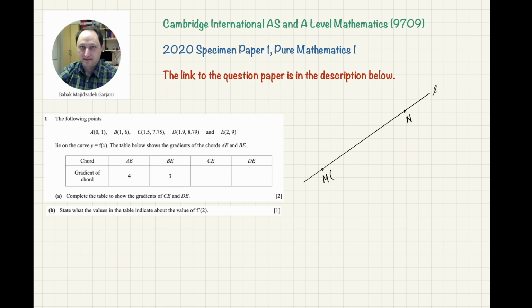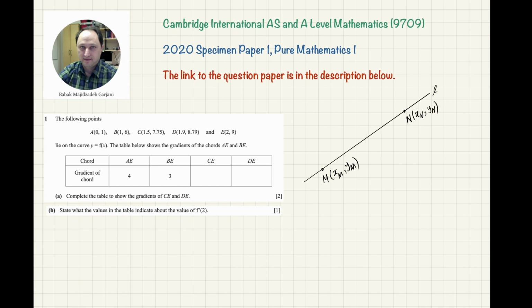The coordinates of M are x sub m and y sub m, and the coordinates of N are x sub n and y sub n.